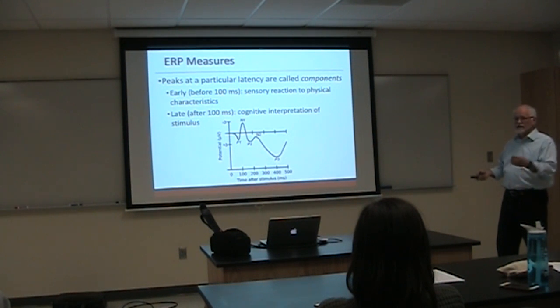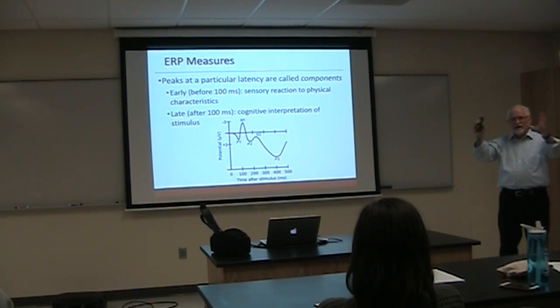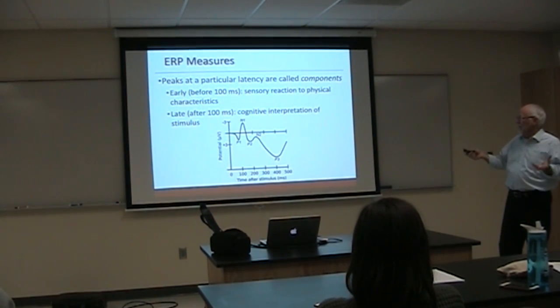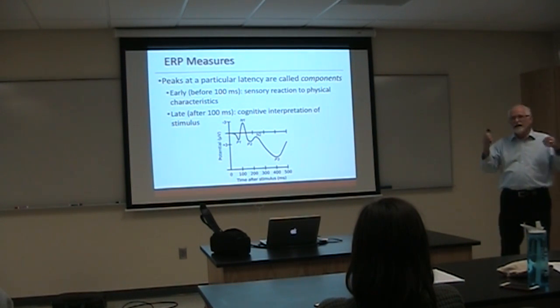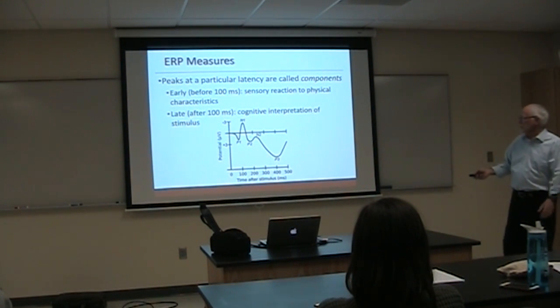It's mainly just the sensory reaction. In vision, we'd see this occurring primarily at the occipital lobe as the visual cortex is reacting to the light that was flashed. If it's an auditory experiment, we'd see these early things most strongly in the temporal lobes near the auditory cortex processing sounds.